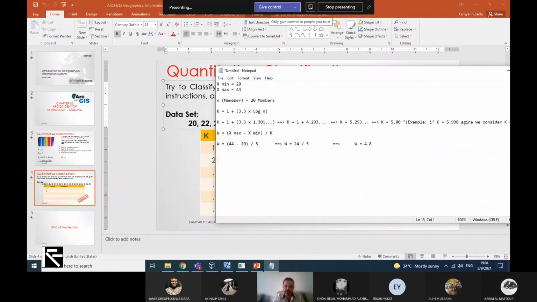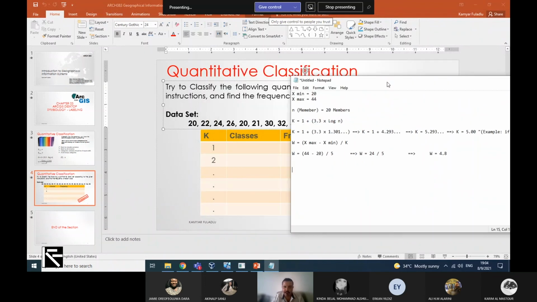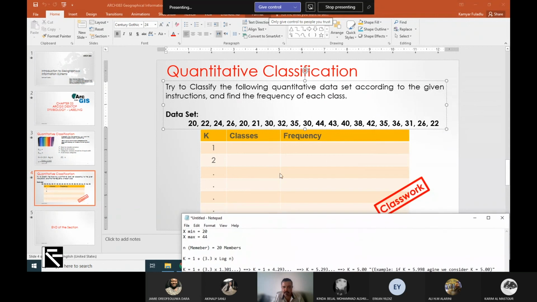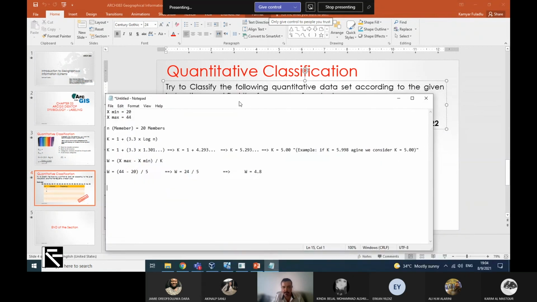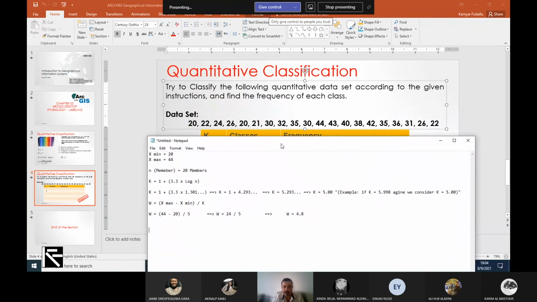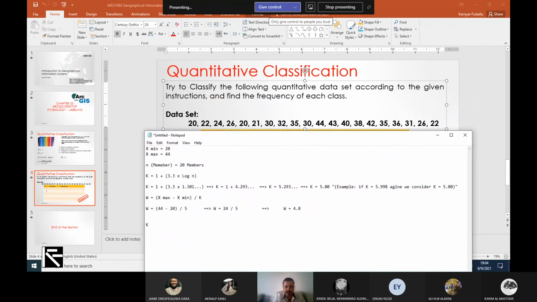We are going to create a table exactly similar to this one, with K, class, and frequency. I have a K, I have the classes, and I have a frequency.